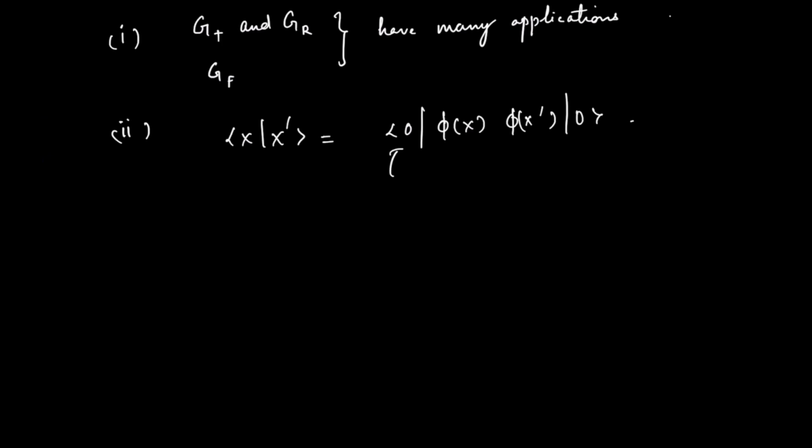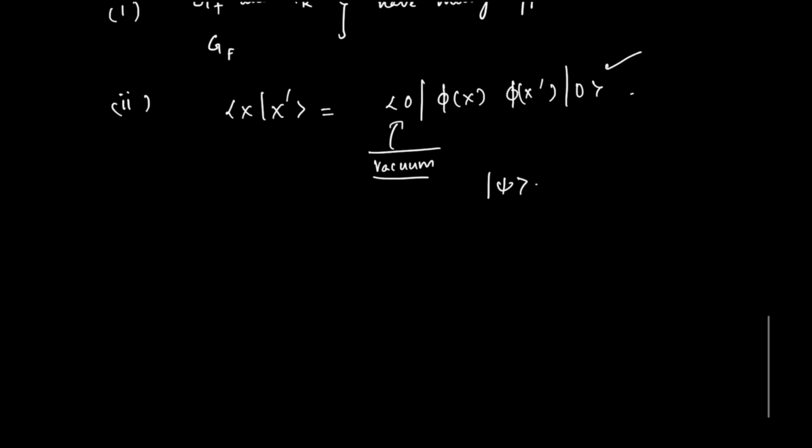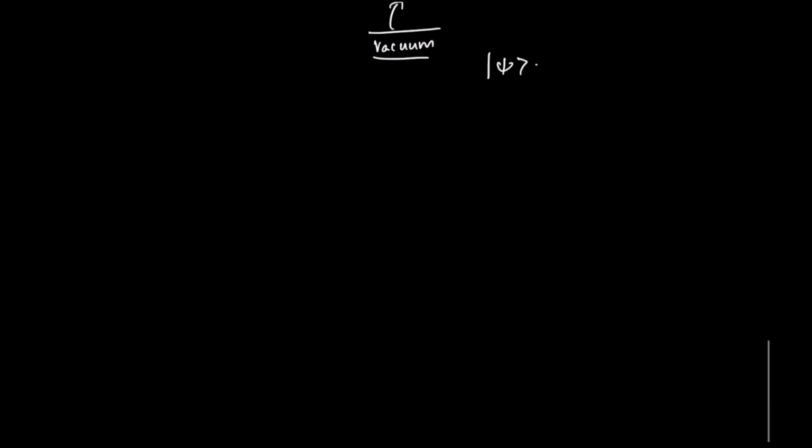So here you have used the vacuum state. It's not always required to be the vacuum state. You can also use another state, for example psi. So this is only a limited case of what we have seen, and in general you can have more correlation functions in any arbitrary state psi.